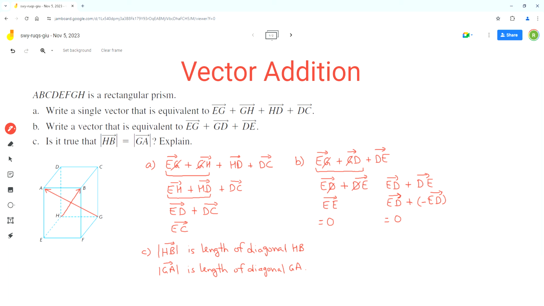Now in a rectangular prism, diagonals have equal length. Therefore, the magnitude of vector HB is equal to the magnitude of vector GA.